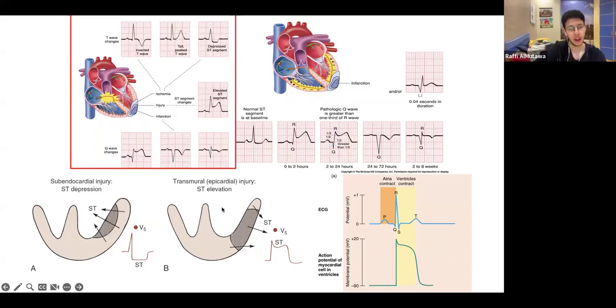Over here, we have the different changes over time. Would I say it's important? The deep Q waves part is pretty important. That's probably the takeaway: you can identify old myocardial infarctions or old heart attacks from deep Q waves.